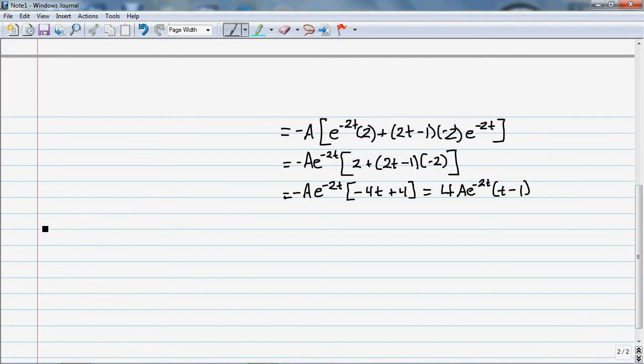So now we can put this back into our differential equation.